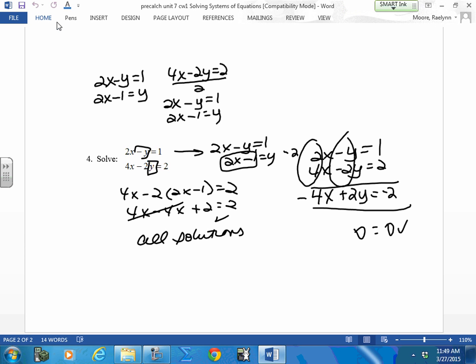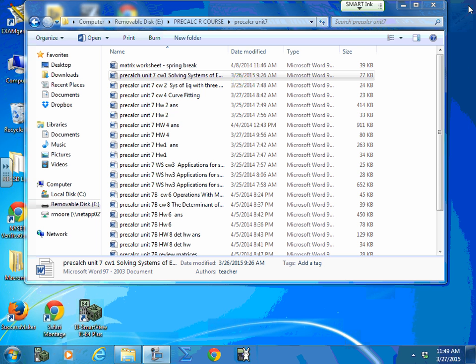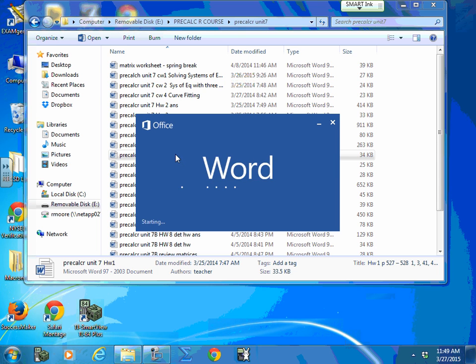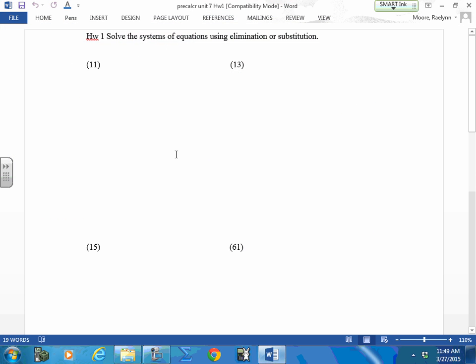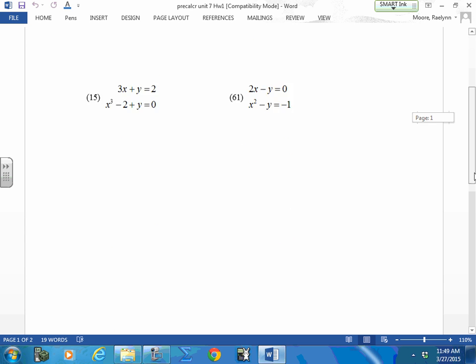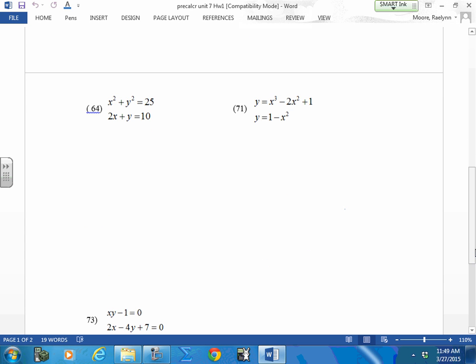Now, if you take a look at the homework, which is right underneath where it's attached to your page, let me just show you one thing on the homework. Most of the time, it really doesn't matter which one you use, except when you get to number 64. What is the first one an equation of?